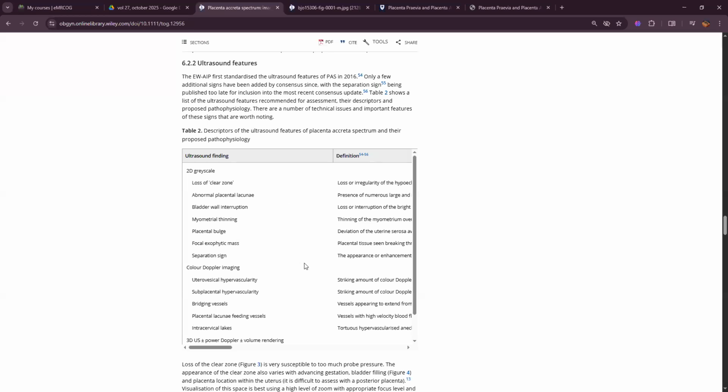The ultrasound findings for placenta accreta spectrum is really important. Yeah, they can ask you about it, definitely. Which of the following can be an ultrasound feature for placenta accreta? Or all of the following are features for placenta accreta except.